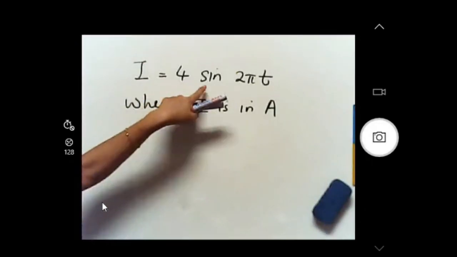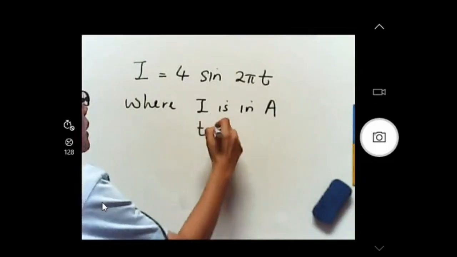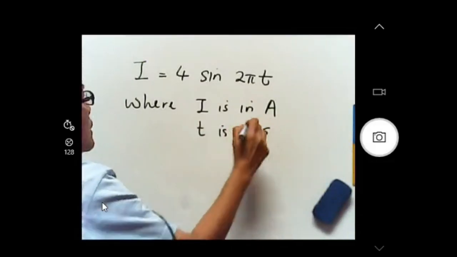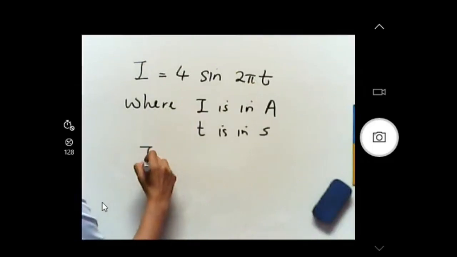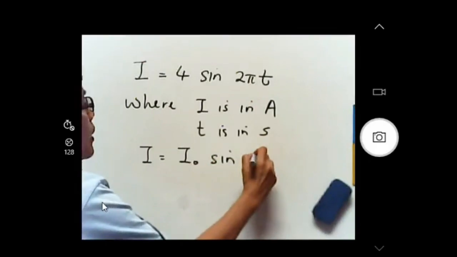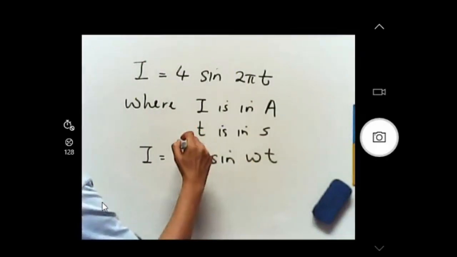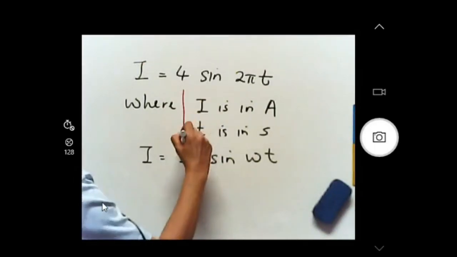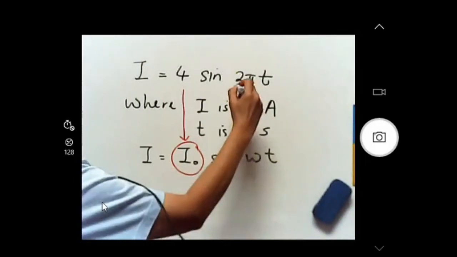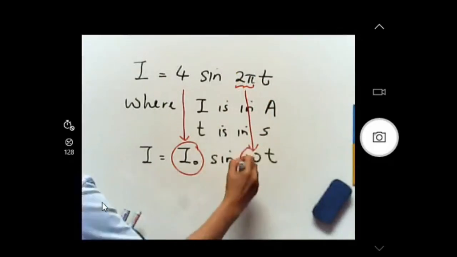Let's take a look at the sinusoidal equation for current. Let's say we have current equals 4 sine 2 pi t, where current is measured in ampere and time is measured in second. So from here, if we compare to the general equation, I equals I naught sine omega t, we find that the value of 4 here represents the peak current, and the value of 2 pi here represents the angular frequency.